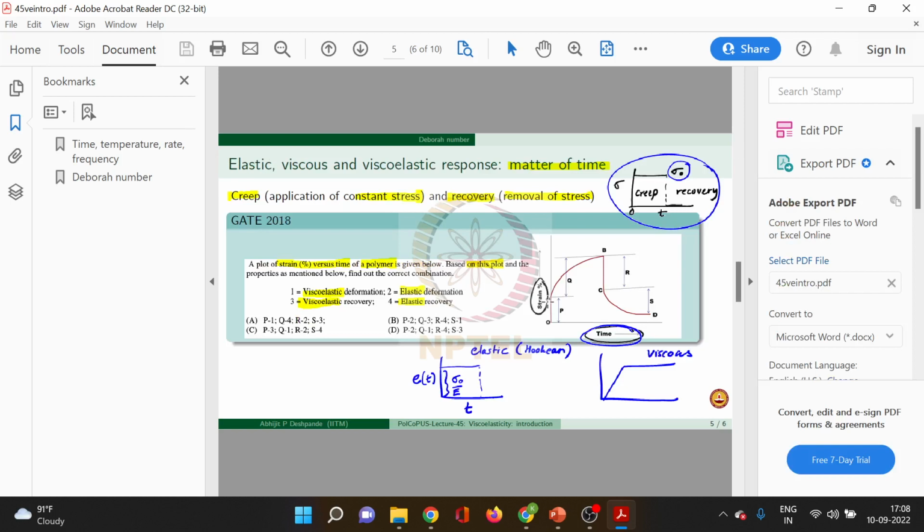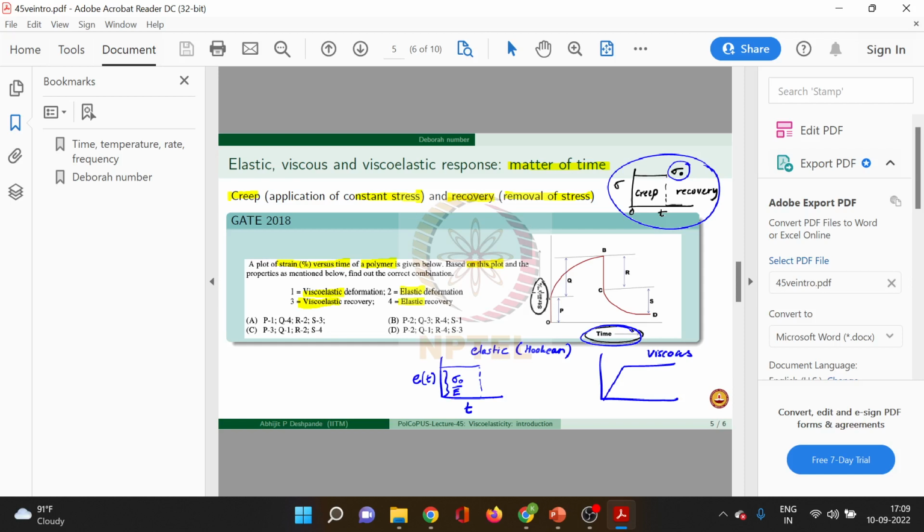Based on this plot, first there is an instantaneous increase to some value. It is jumping to some value of strain, P. That is nothing but your elastic deformation. When you pull your spring, or when you apply a particular stress, there is an instantaneous deformation.